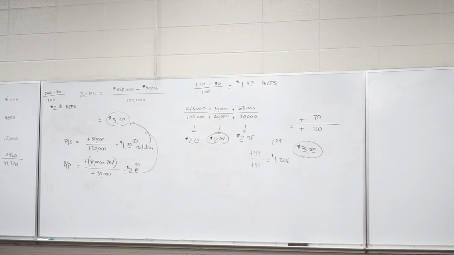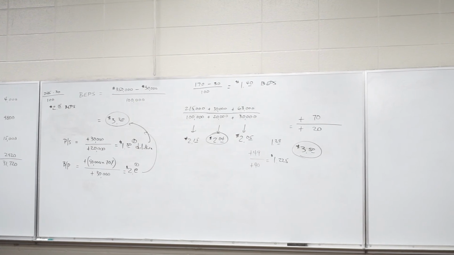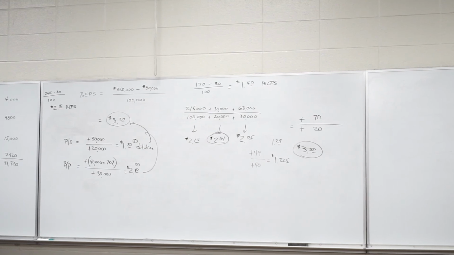D says you have 6% $100 par cumulative convertible preferred stock issued at par, with each preferred share convertible into 4 shares of common. Okay?